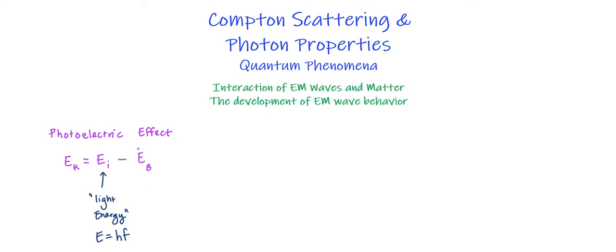Of course, E sub B, the energy to break the electron free, we called the work function, just a fancy term, and we're going to use the symbol phi to represent it. And then, of course, this is the kinetic energy of the ejected photoelectrons.